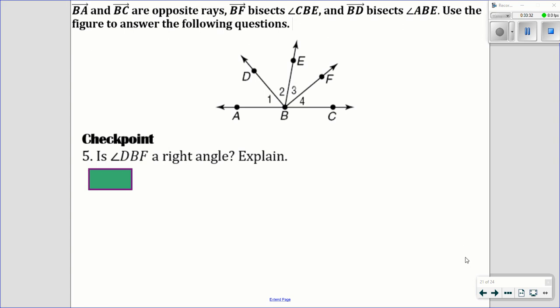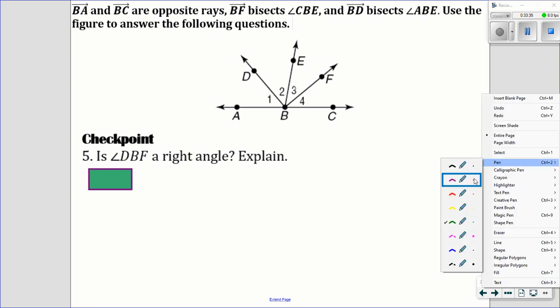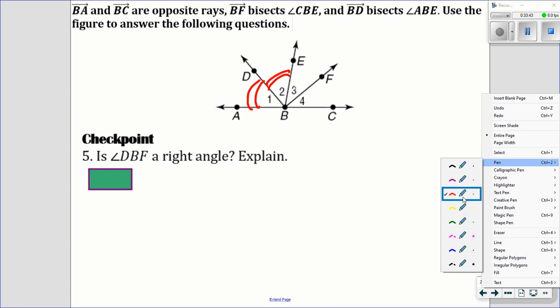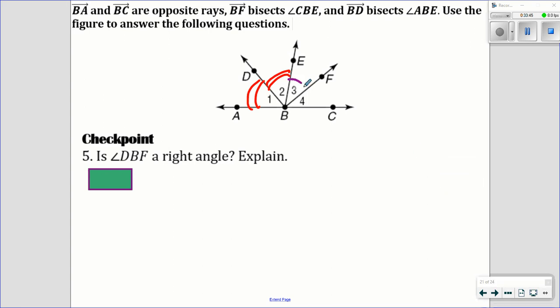Alright, this one, same information as before. You notice that, using the same diagram, but different things to find. So they say, is angle DBF a right angle? And explain.